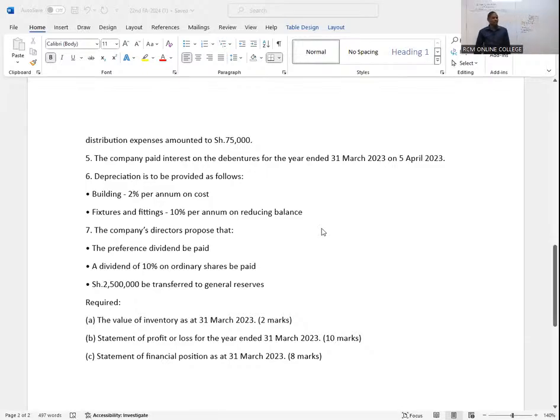Now take the final picture of that, so that I stop sharing, so that we can do that question. So are we done? Confirm whether you're done with taking the picture. I can see there are two who have just joined. For those who have just joined, confirm whether you've taken a picture of that. I want to go back to the trial balance for the sake of the two who have just joined. Priska, I'm waiting for you.